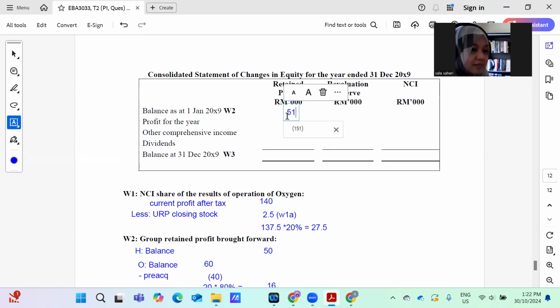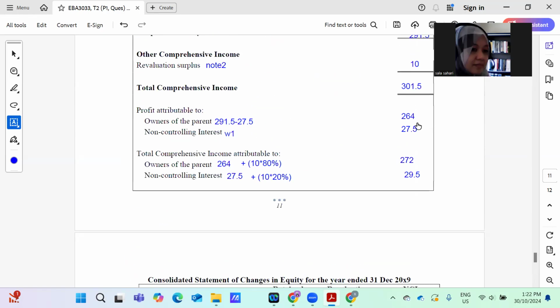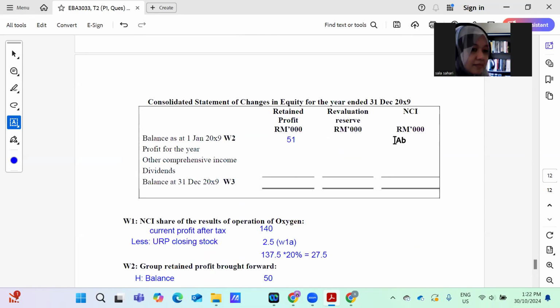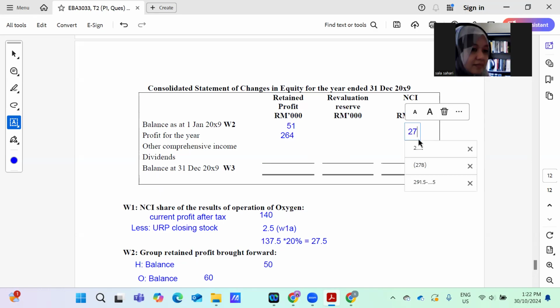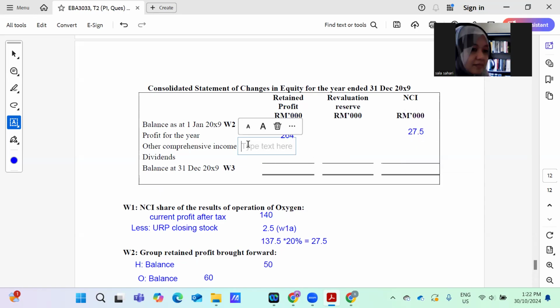And then we take the profit of the year. You just take from the one that we prepare here, 264 from here, and 27.5. So this one just take from the statement that we prepare, 264. For NCI just now is 27.5. And other comprehensive income is only the revaluation reserve, which is the 10K just now.